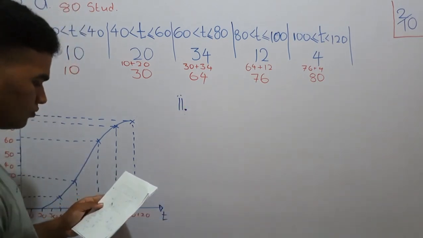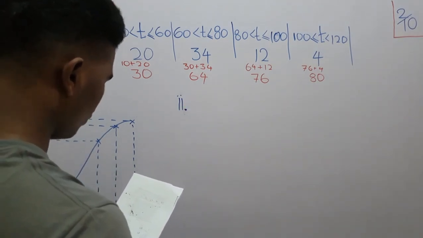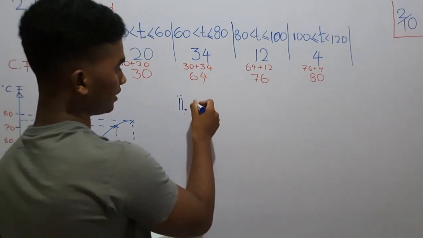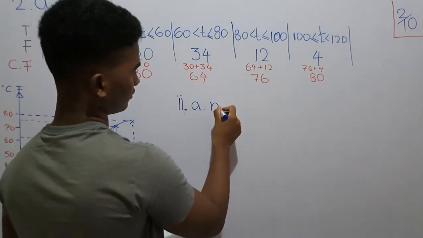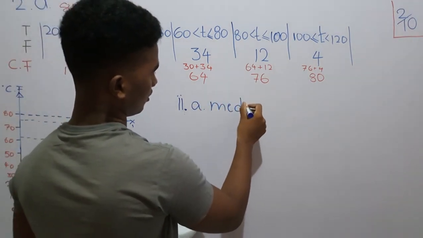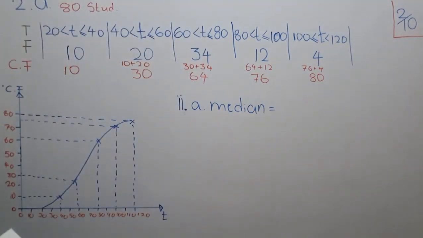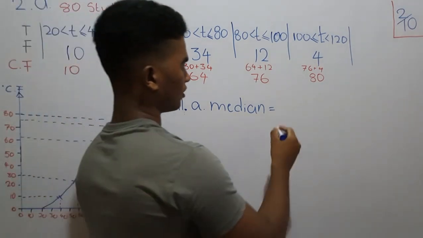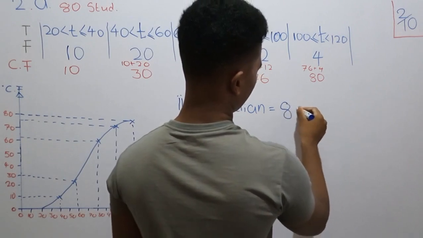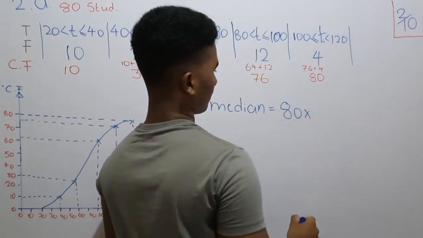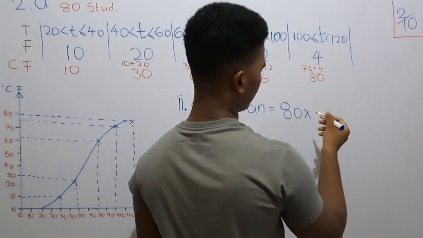Roman numeral 2. The median, use your diagram to estimate the median. They ask the median. Now median is calculated. Basically median is half of the total value. So the total value is 80. Without telling half, we can tell the middle term.